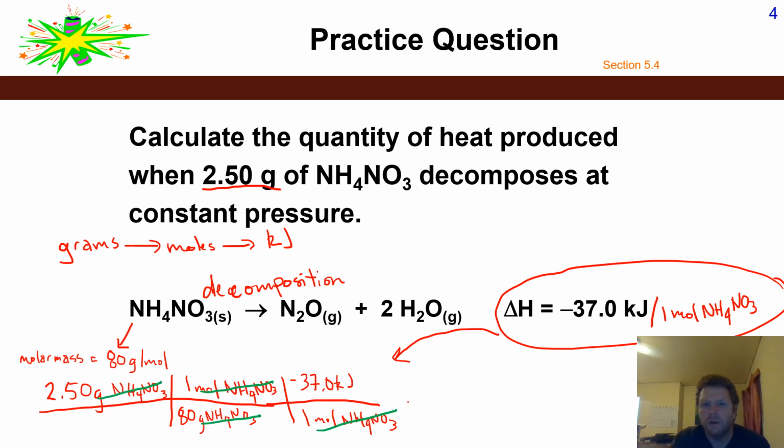When I plug all of that in, I get 2.50 times negative 37.0 kilojoules divided by 80, and that gives me negative 1.16 kilojoules. One important factor is this is negative. This is still releasing energy, but a very small amount of energy because I have considerably less than 1 mole.